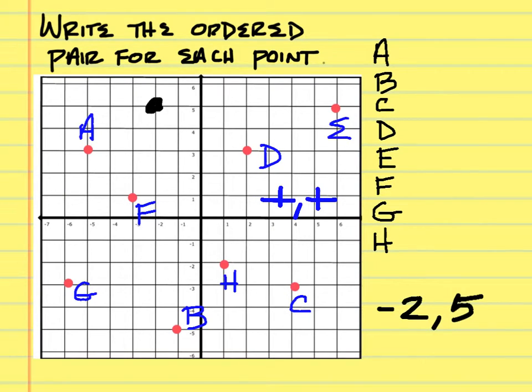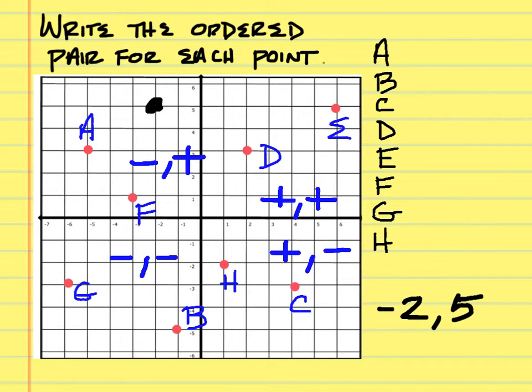In the next quadrant, number 2, you would have negative and then positive for your point. In the third quadrant, both numbers would be negative. You'd have to go back and then down. And in the fourth quadrant here in the bottom right, you would have to go to the right, positive, and then down, negative. So whenever you see those sign combinations, you should know where the point is at.